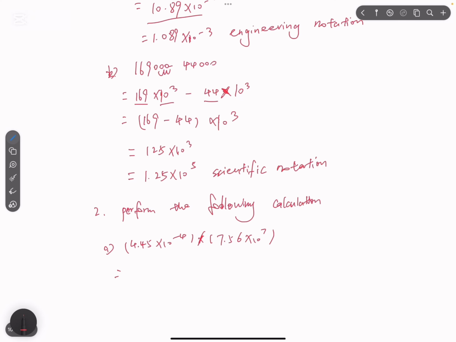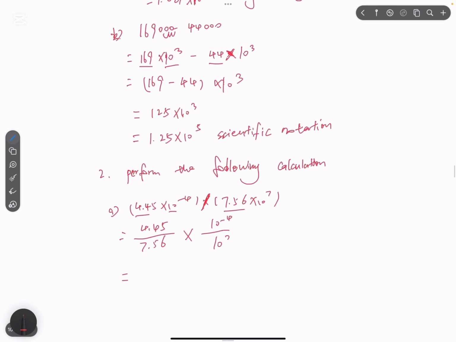When we do the power division, we use 4.45 divided by 7.56 times 10 to the minus 4 divided by 10 to the 7. That will give us 0.589 times 10 to the minus 11.